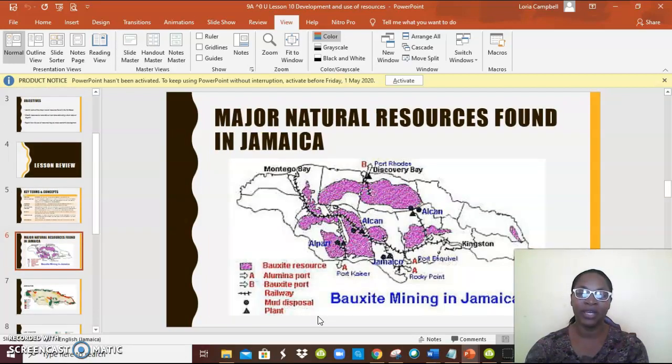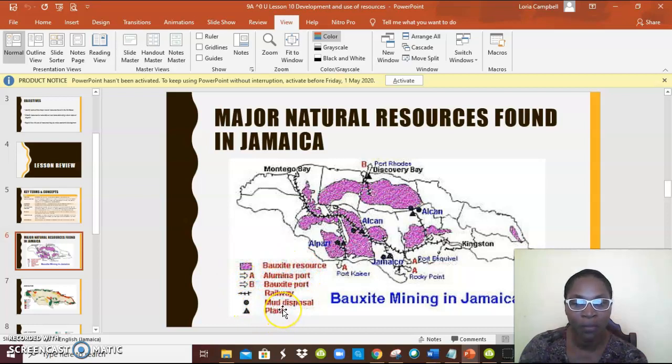Let's look at the map of Jamaica showing the bauxite mining in the country. So bauxite, as we said, is a natural resource, and you can see wherever the purple is, those are deposits of bauxite. So right here, we're looking into St. Ann, and here we're in Clarendon. And you see the key right here? Good.